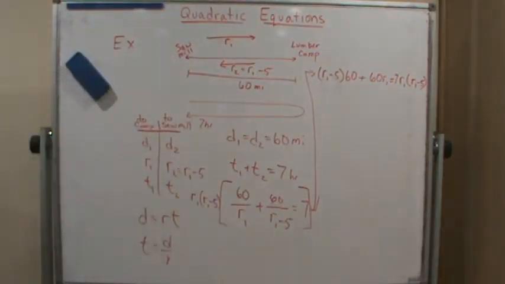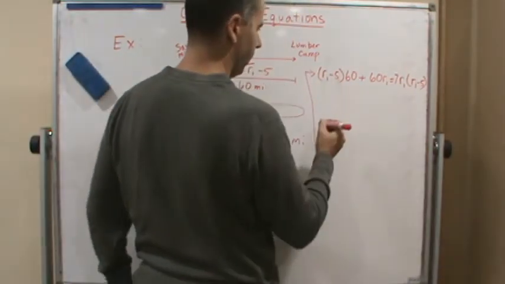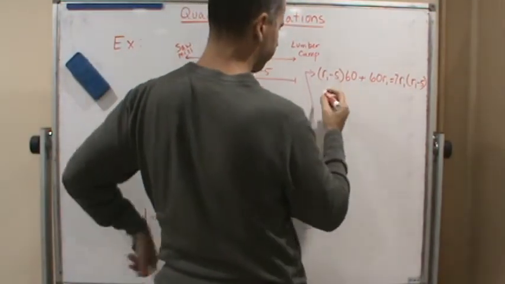Okay, so now that I got rid of the fractions, now it's just a matter of simplifying this. Okay, so let's simplify this and move everything to the left. Okay, so what do I get?